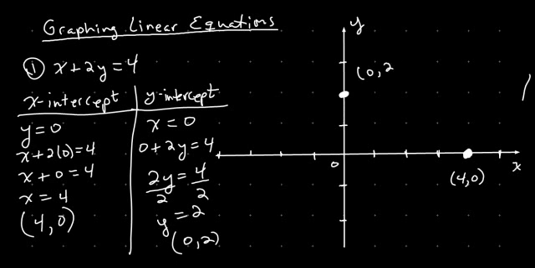Over 0, up 2. And that's going to give me the graph. We'll sketch the graph of my equation here, or sketch the graph of this linear function. Okay? Let's try another example.